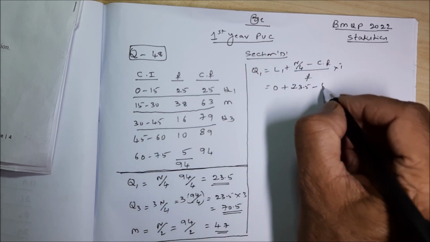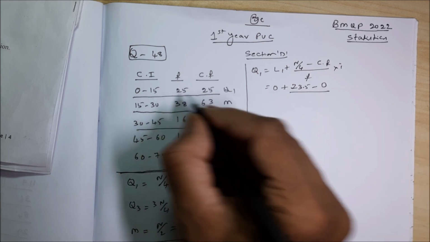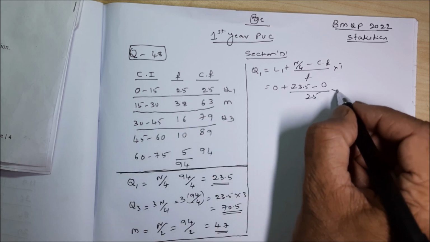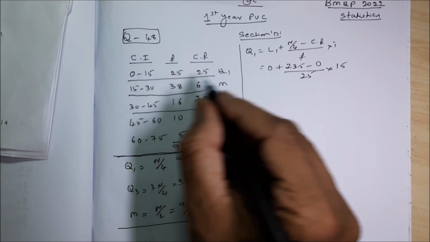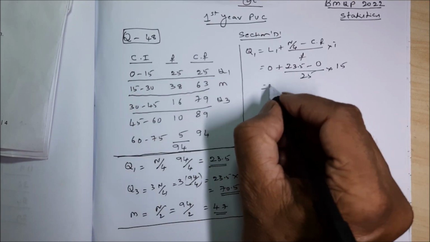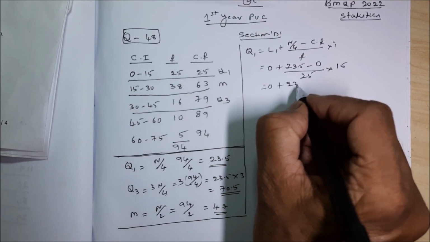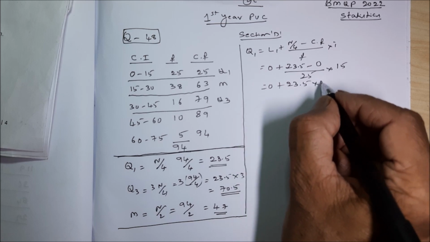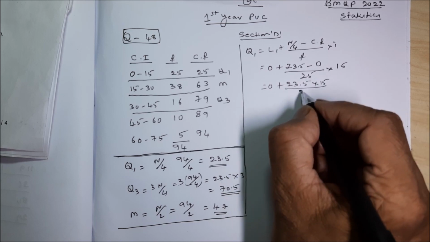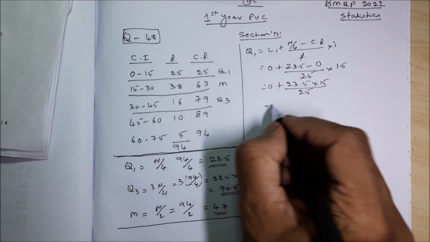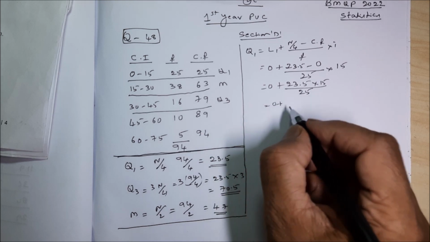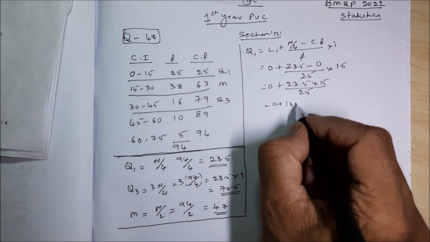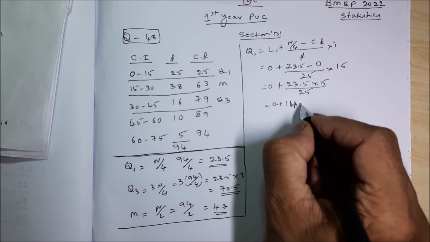CF, nothing is there, 0. F is 25, into 15, the class interval difference is 15. So 0 plus 23.5 into 15 divided by 25 is equal to 0 plus 14.1.